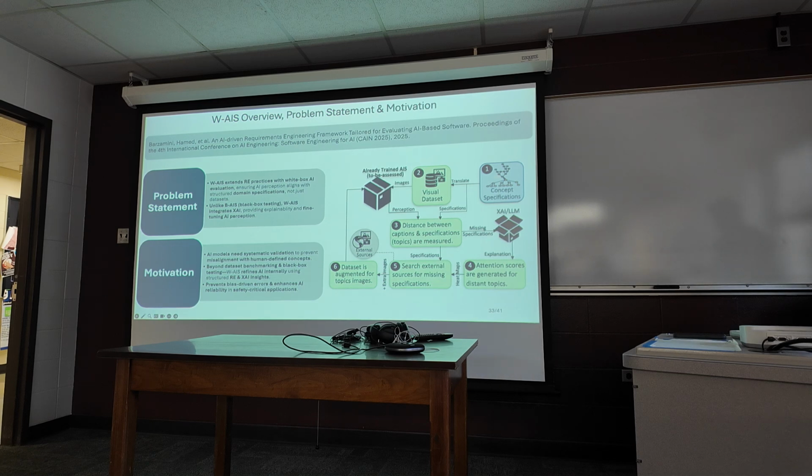Then we use external sources to retrieve visual examples for those gaps. Finally, we augment the dataset with the targeted instances to improve the alignment. So VIS brings RE and XAI together, not just explaining, but correcting the model behavior from the inside out.